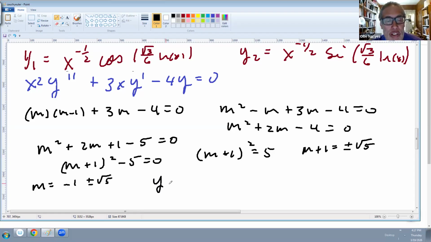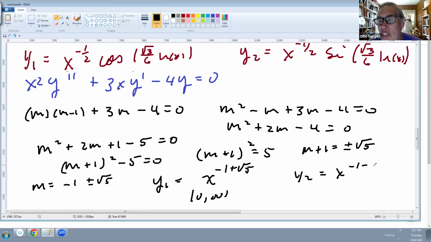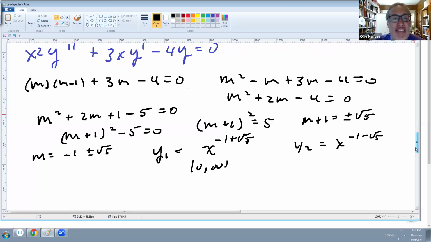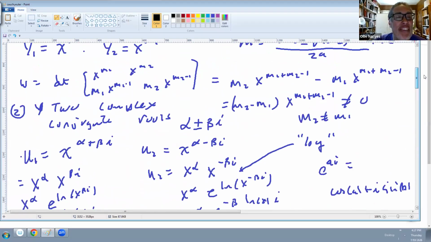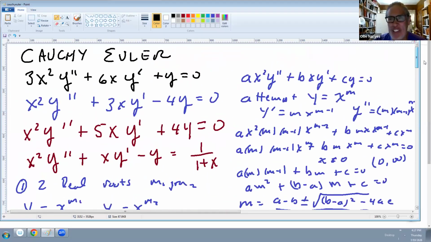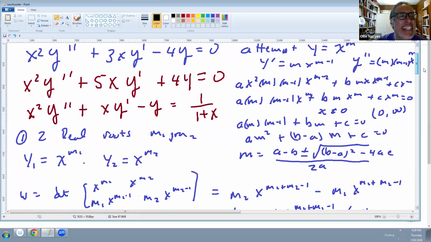And so our solutions: y1 is x to the minus 1 plus root 5, and y2, and this is going to be valid from 0 to infinity, both of these, is x to the minus 1 minus root 5. Okay, so that's that one. Nice completing the square there. See, a lot of this is just algebra, isn't it?